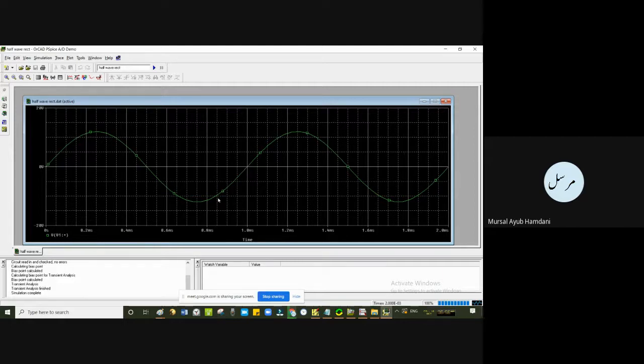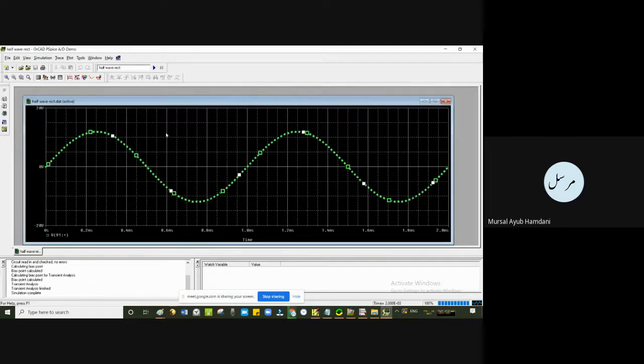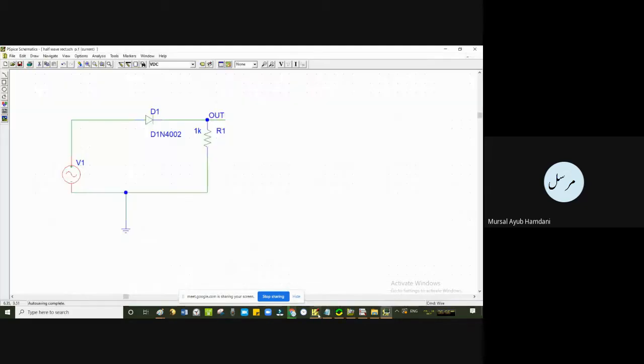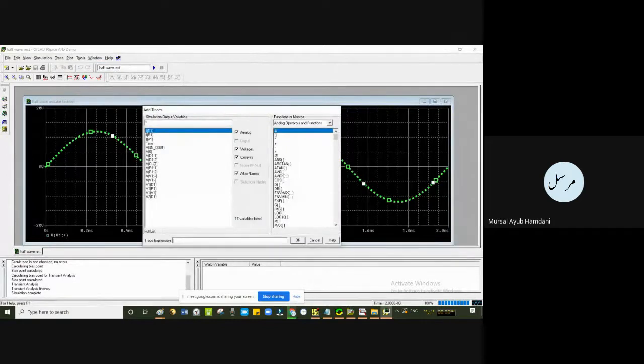Accordingly, 2 clock cycles will come. Then we can click on this, and then properties, let the color remain the same. Let us change the pattern and change the width also. And then we have to also plot the out variable. So trace, trace out, here it is.